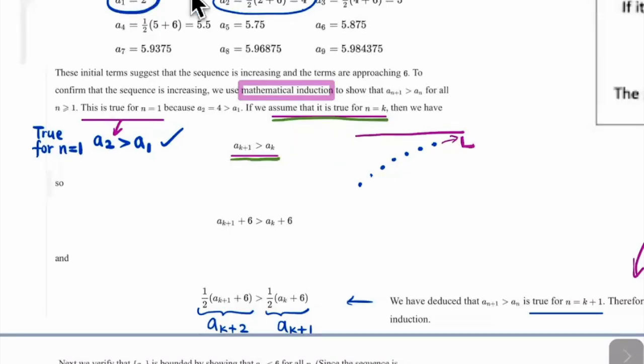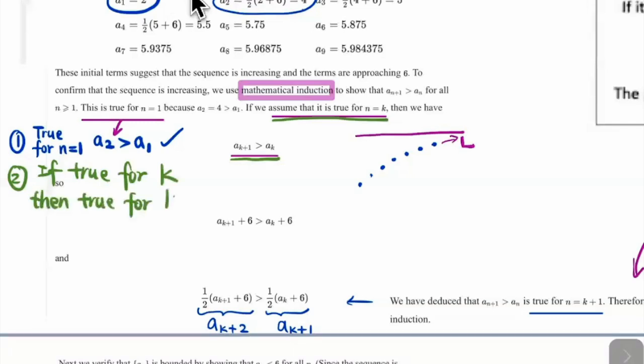So this is the first step. The second one says, if true for k, then true for k plus 1. So you prove this.